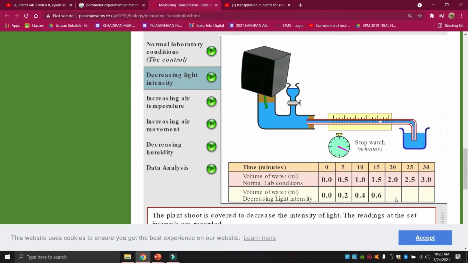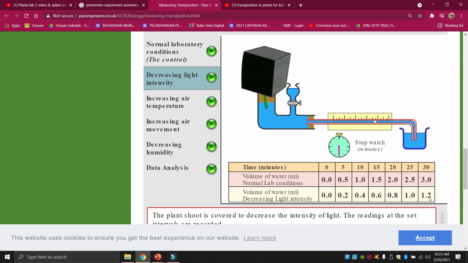Compared to the normal lab condition, where it was 0.5, if you decrease the light intensity it is only 0.2. At 10 minutes, 0.4. After 30 minutes, only 1.2 is absorbed.